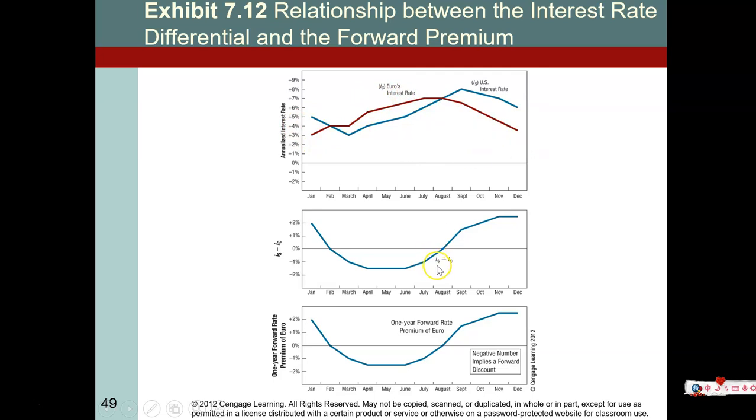So I home minus I foreign becomes I US dollar minus I euro, which is a changing line. So the one-year forward premium of the euro becomes the same as the interest rate difference. A negative number implies a forward discount. A positive number is a forward premium. But P is equivalent to I dollar minus I euro here.